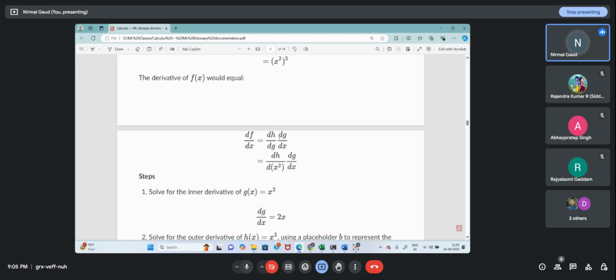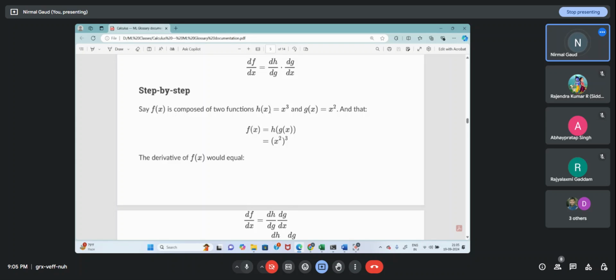Now they gave you a question: if you have two functions, x cube and x square, and f of x equals h of g of x, that means x square to the power 3. What is the derivative of f of x?